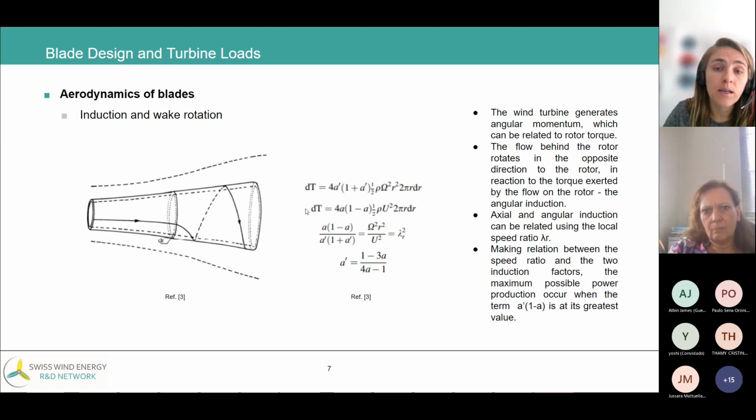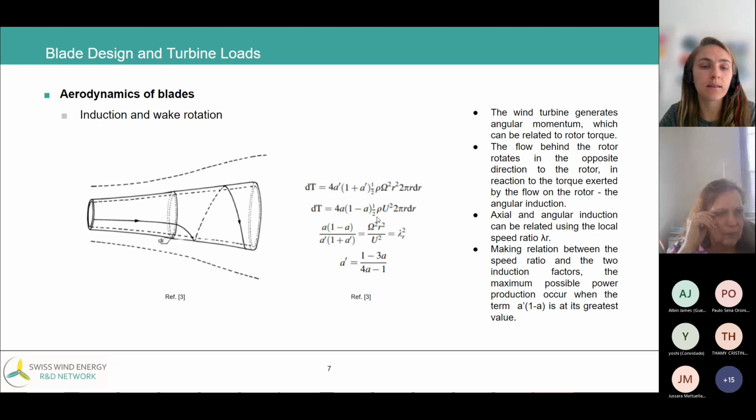But we can also correlate it with the airflow that will pass through the wind turbine, making a correlation between the torque calculation using the angular induction and using the axial induction.